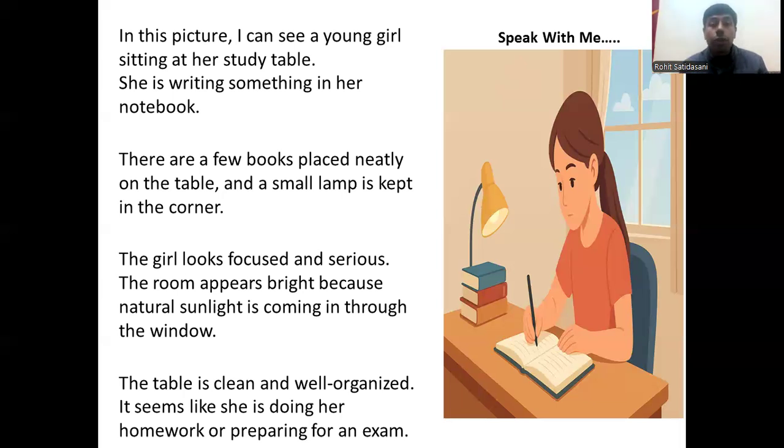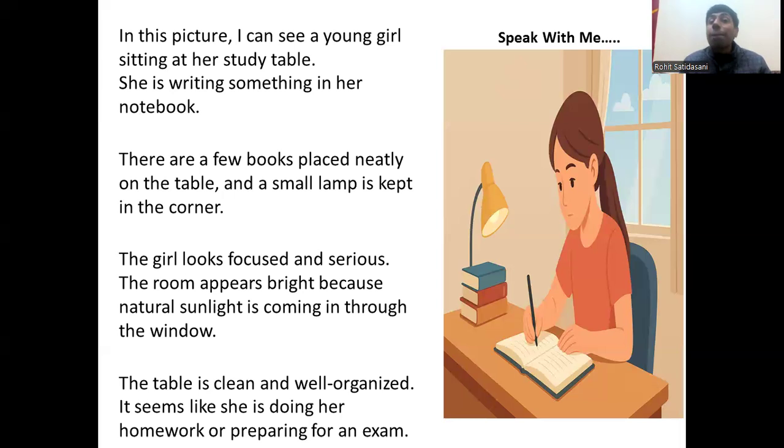Got it? So we got the reason. We added a reason that we were assuming that she might have got homework to do, so she is doing homework. It can be one of the possibilities. Or she's so serious that maybe the next day is her examination. She's preparing for her examination. Or maybe her notebook is incomplete and she's completing her work.